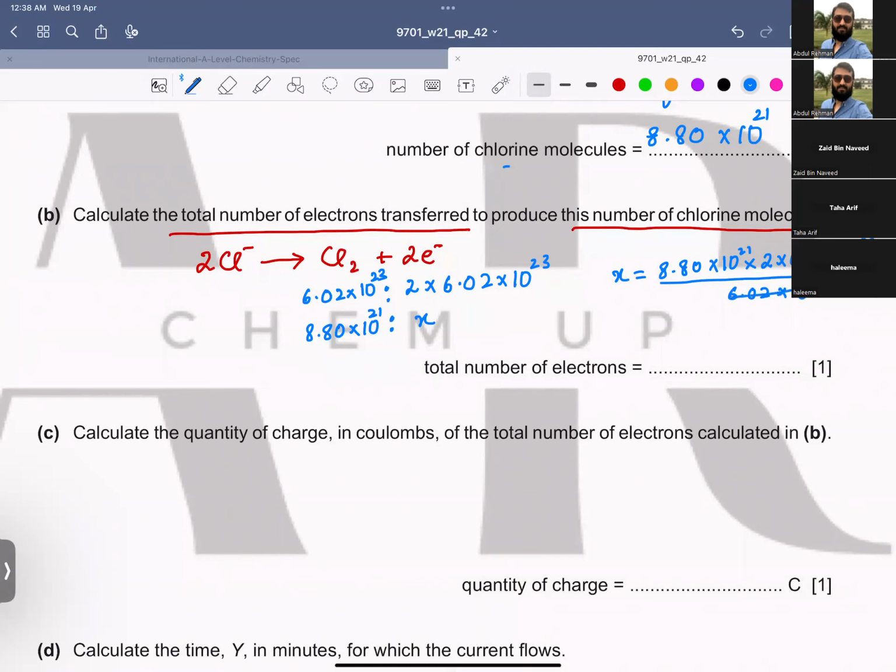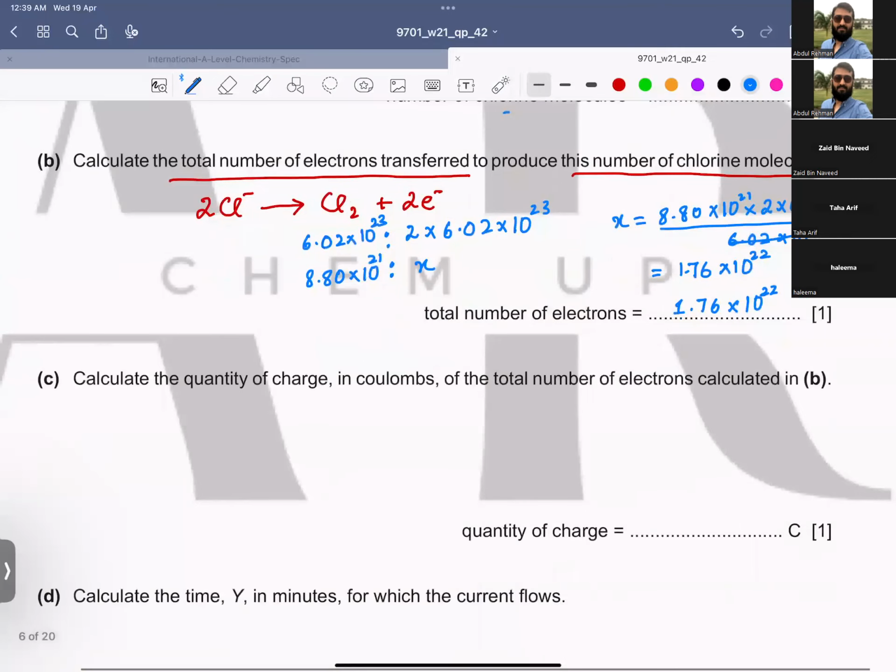So these two would be cancelled out. So 8.8 times 2, isn't it 1.76 if you calculate? And exponent 22, right? Yes. So 1.76 exponent 22.